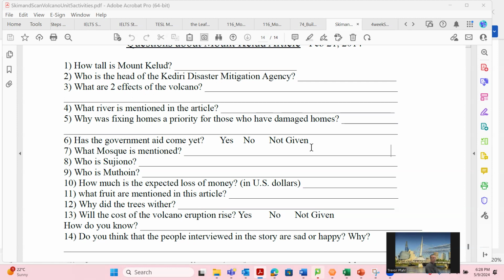I'm not sure. This might have been on a day when some of you were not in class, but we'll see, because I don't see any other copies I have. Anyway. Okay, so this is the one that we did in class. And then I had you take like 10 or 12 minutes, and then we circled how many you answered in that time. And then I gave you a few more minutes to go through this.